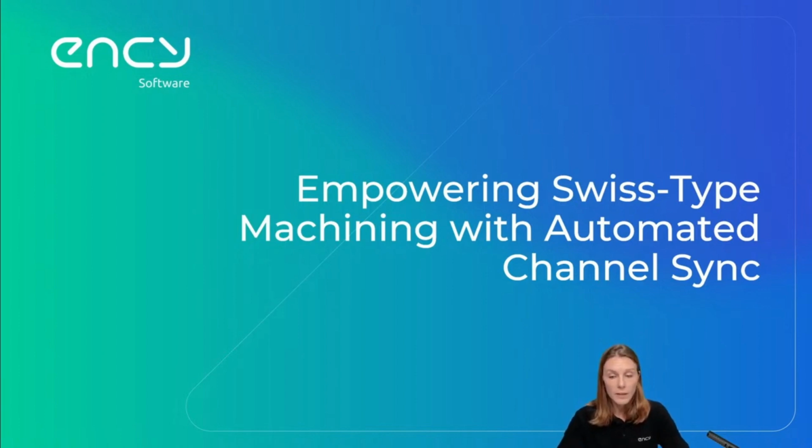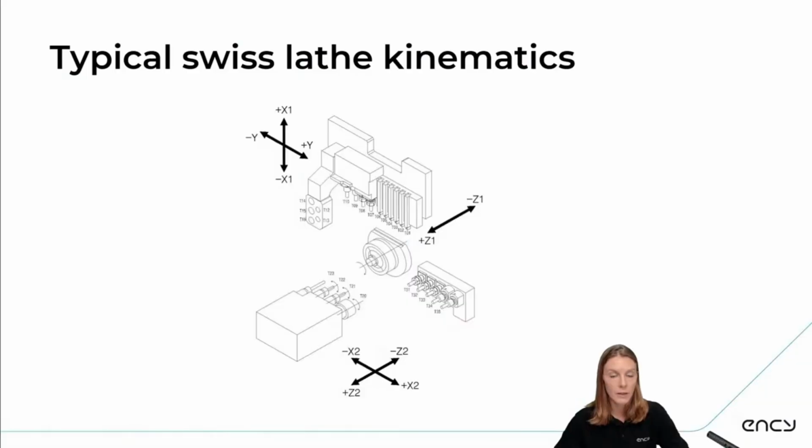Let's look at Swiss type machining that is really enhanced with automatic channel synchronization. For many Swiss lathe machines that we have studied and elaborated, the machine kinematics looks pretty similar.